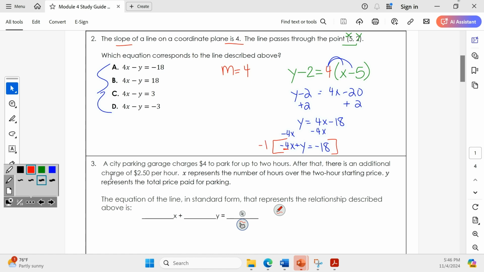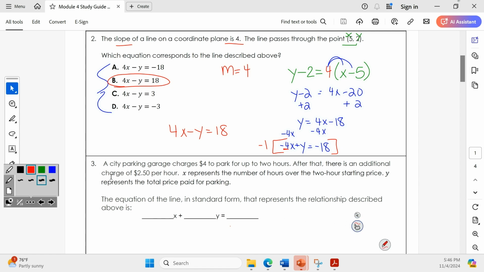So I'm going to multiply everything by negative 1. And when I do that, I get 4x minus y is equal to 18, which here is option B. Now be careful when you do this in Canvas. Remember that your things do move around because they are shuffled just like they are on the test.